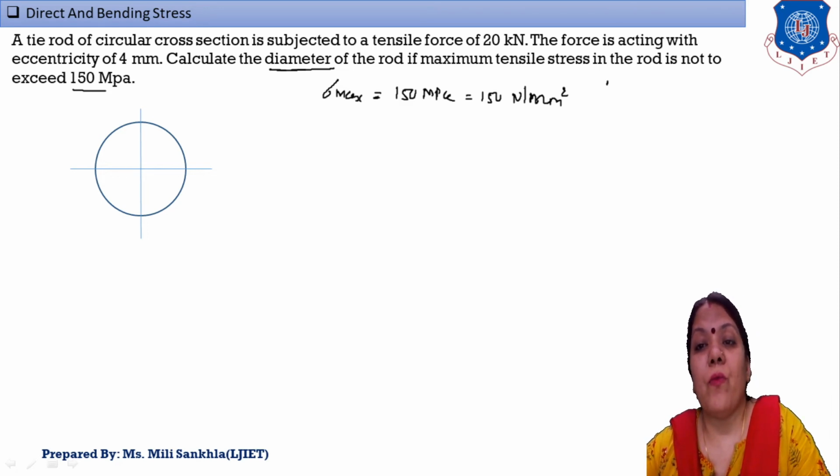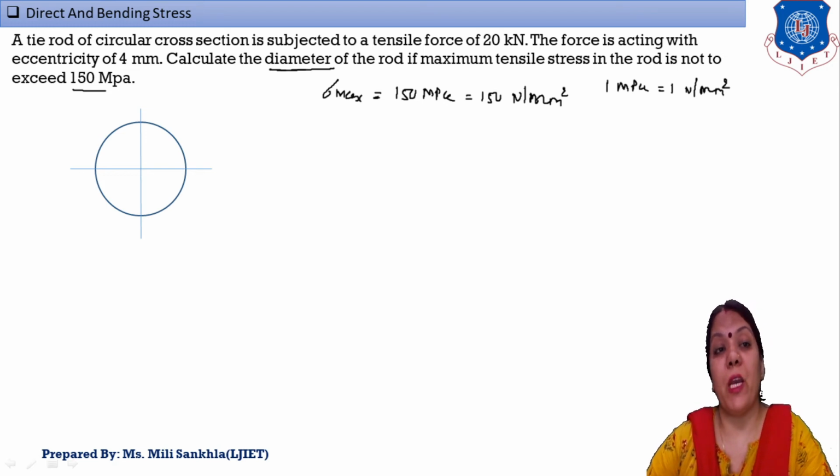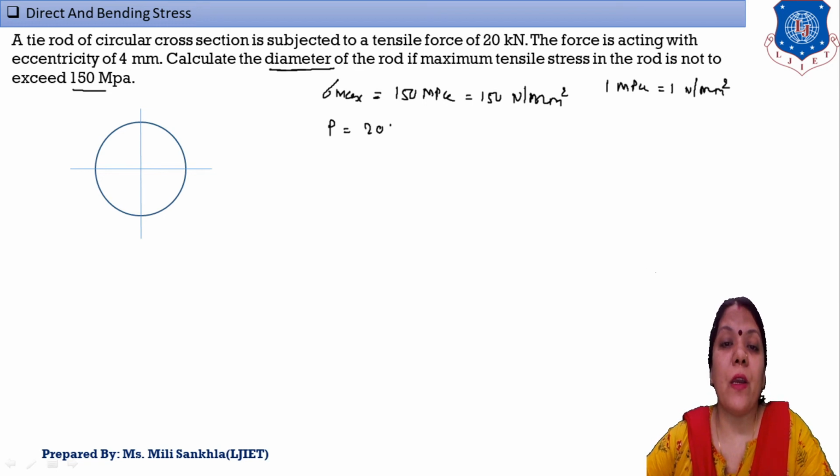1 megapascal is equal to 1 Newton per mm square. This is the unit conversion of megapascal. Now P force is given 20 kilonewton. Convert into Newton, 20 into 10 raised to 3 Newton.